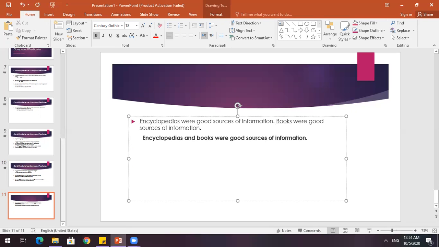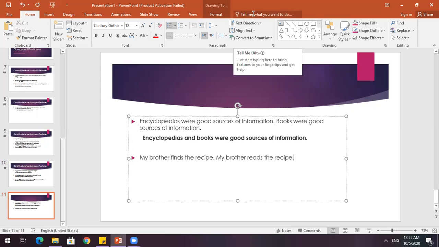Okay, one more. My brother finds the recipe. My brother reads the recipe.